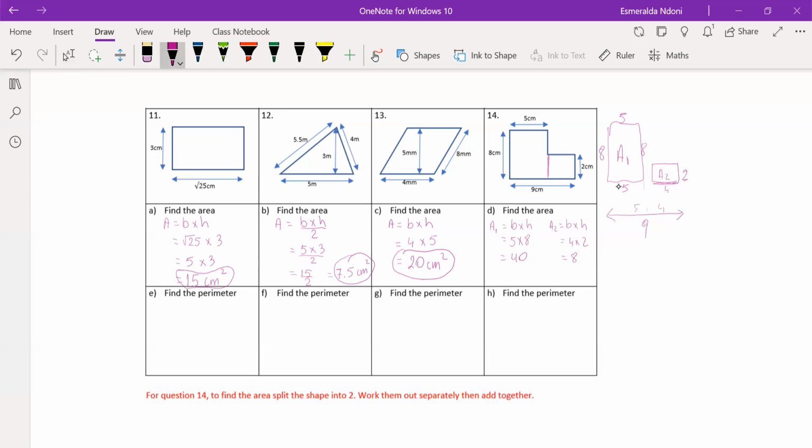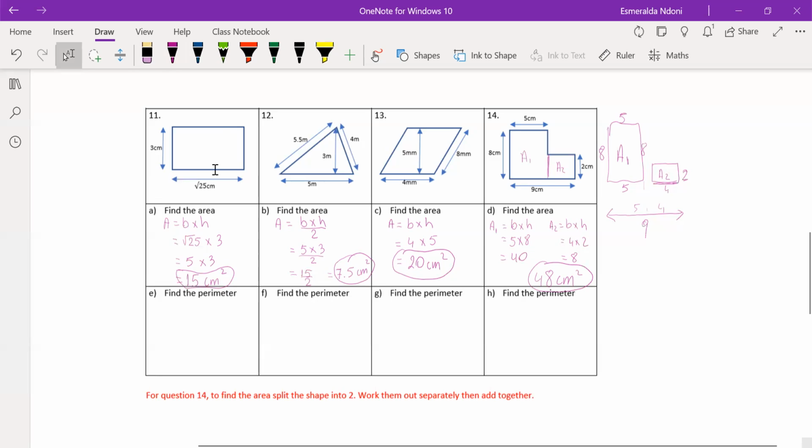Now A1 and A2 together, these 2 shapes together make our L. So 40 add 8 is 48 centimeters squared. That is our shape. We are going to E, which says find the perimeter.